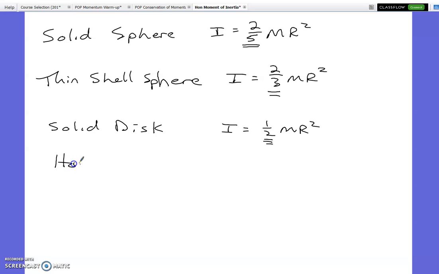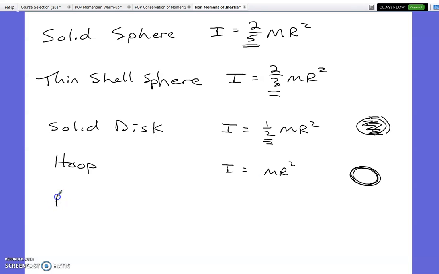But if it's more of a hoop, this would be a solid disk here, versus a hoop, kind of like that bicycle tire. If it's a hoop, the moment of inertia is simply mr squared. The coefficient is essentially 1, if you wanted to write that in there. So just by the shape alone or where the mass is located, that will affect the moment of inertia.